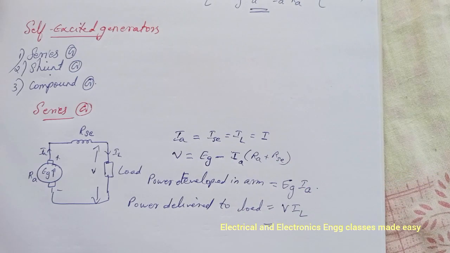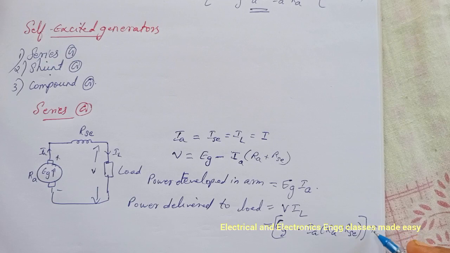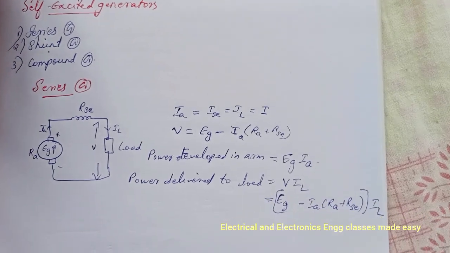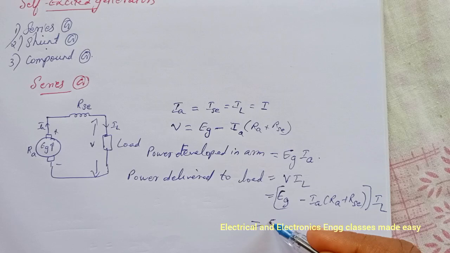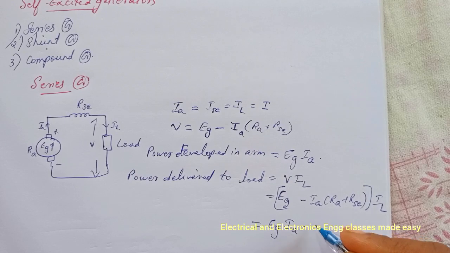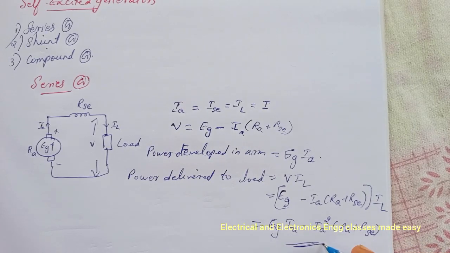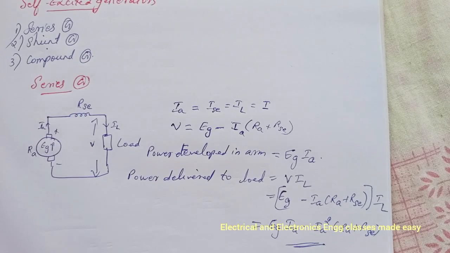So we can write Eg minus Ia into Ra plus Rse into IL, or IL is equal to Ia. So we can write Eg into Ia minus Ia square into Ra plus Rse. So this is the power delivered to the load in the case of series generator.